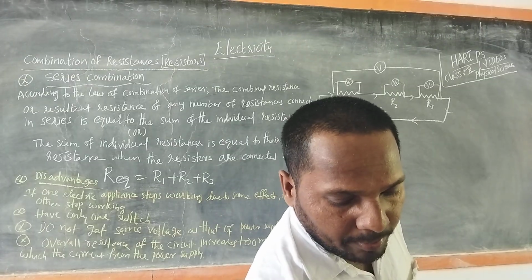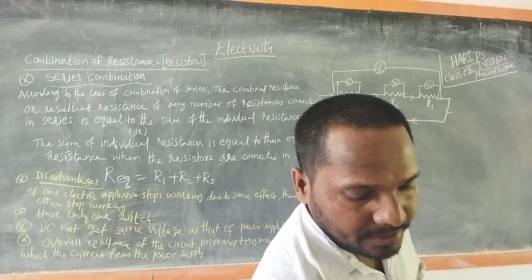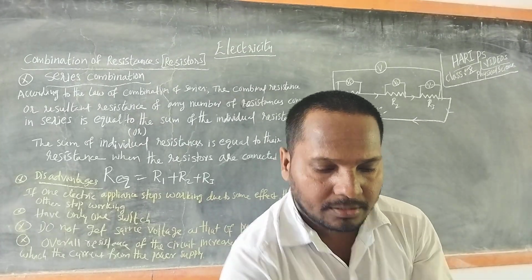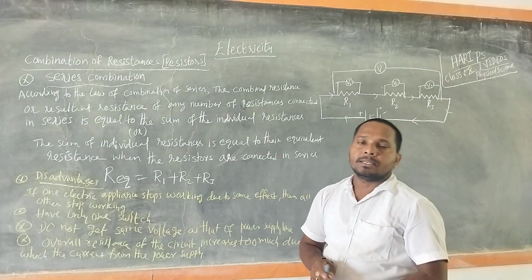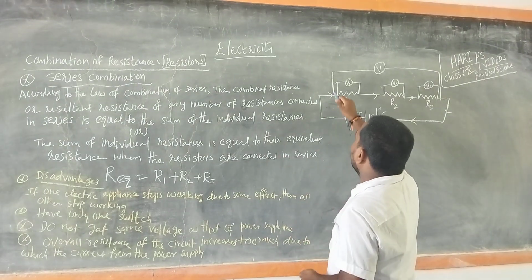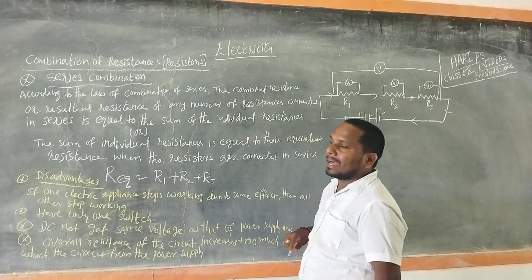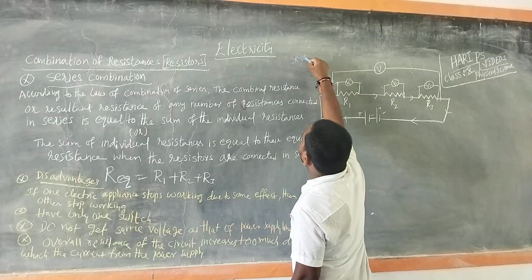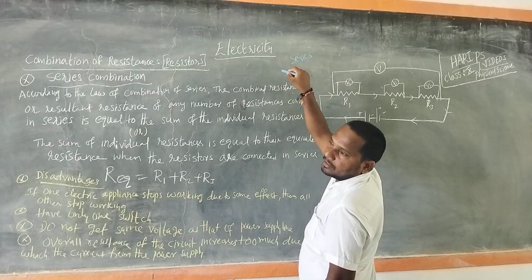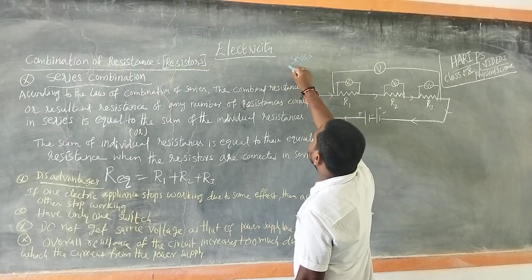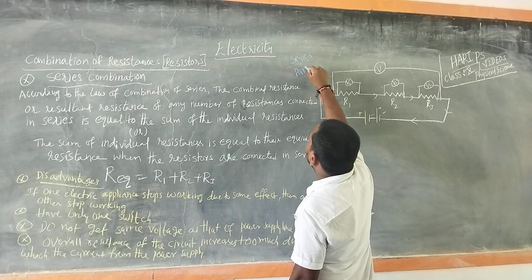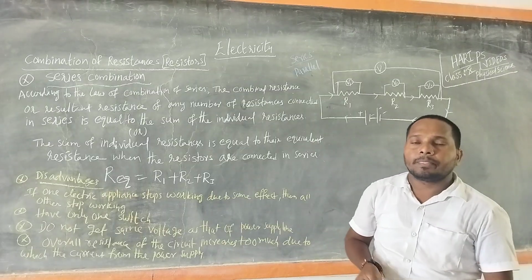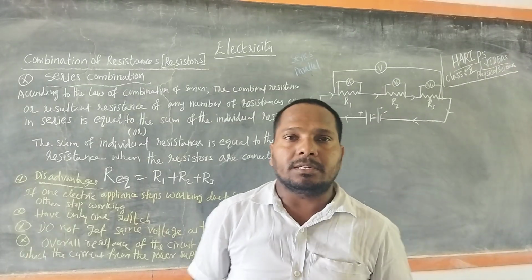They are connected in two ways: one is series connection and the other is parallel connection. So we have two types of connecting the resistors in an electric circuit: series and parallel.